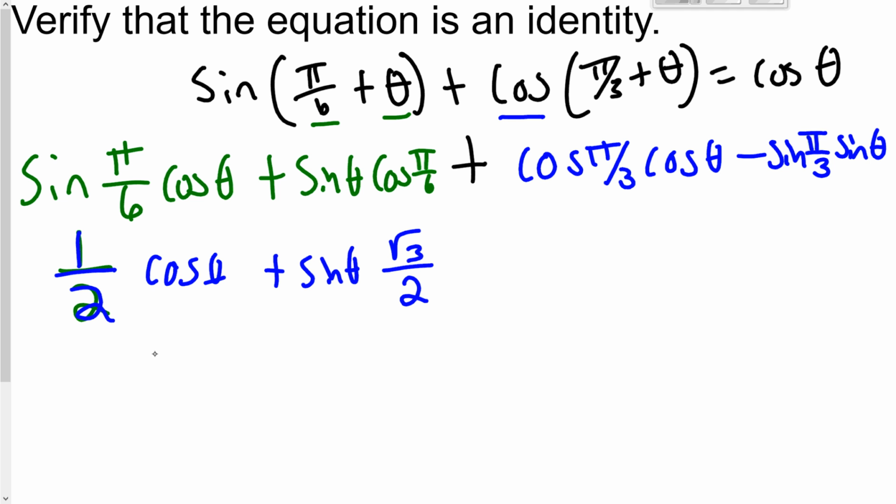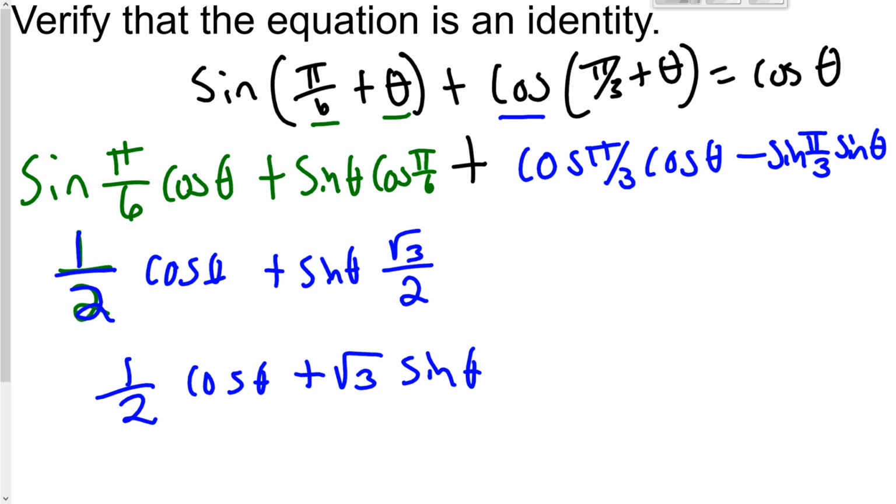I can factor out the 1/2. Maybe that's the best thing to do. We'll find out. Sine of theta. Okay, and then this side, cosine of pi over 3, that's a 60-degree angle, is 1/2. And then sine would be √3/2.